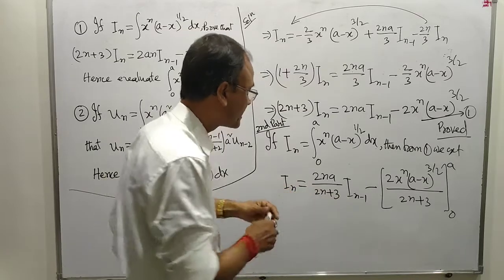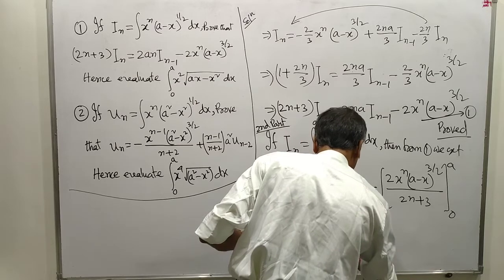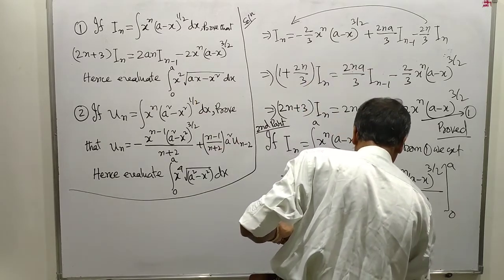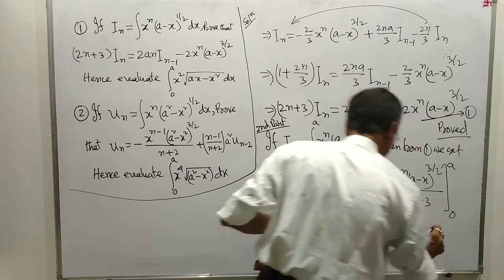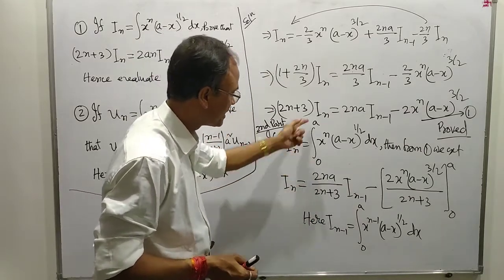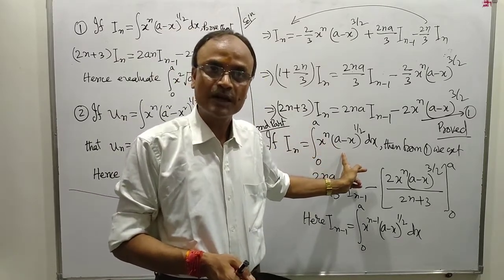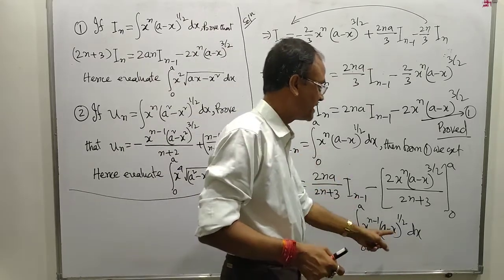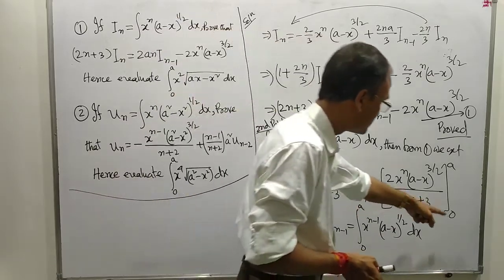Here I_{n-1} will be equal to the integral from 0 to a of x to the power n minus 1 (a minus x) whole to the power half dx. Right? Just we have taken the limit 0 to a. If I_n equal to the integral from 0 to a of x to the power n (a minus x) whole to the power half, then I_{n-1} will be the integral from 0 to a of x to the power n minus 1 (a minus x) whole to the power half.